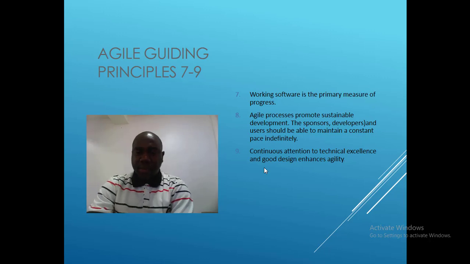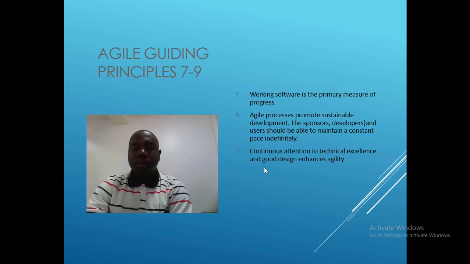Agile processes promote sustainable development. The sponsors, the developers, and users should be able to maintain a constant pace indefinitely. That talks about the velocity of the team, what they are able to achieve per time.